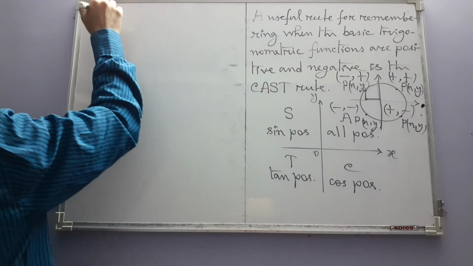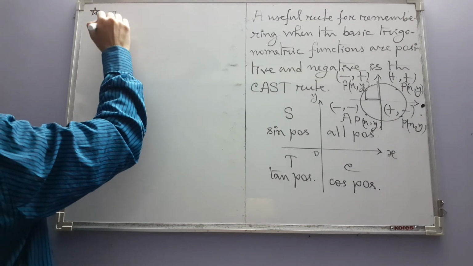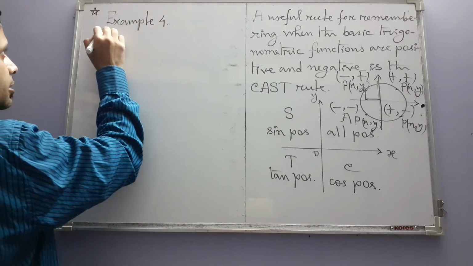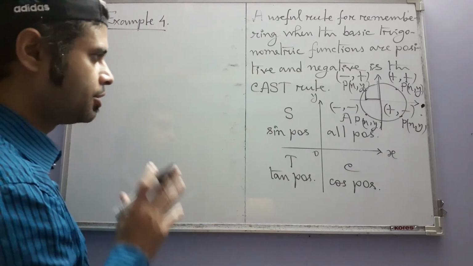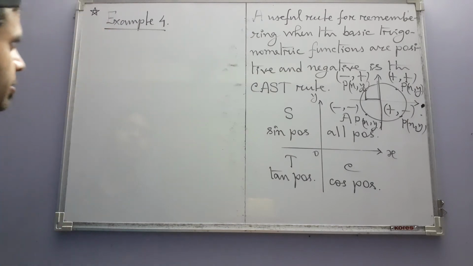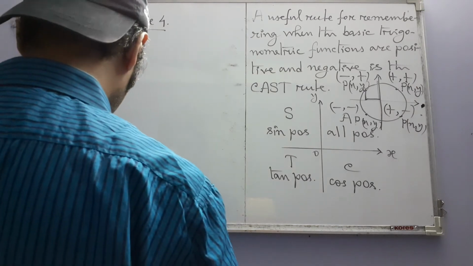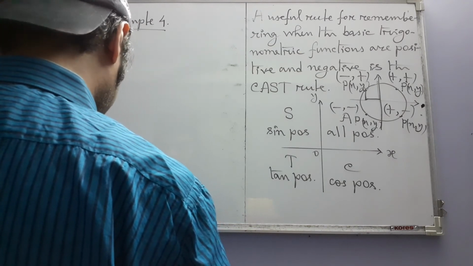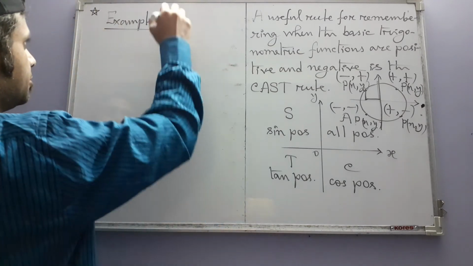So next, example 4. So we have calculated sine theta and cos theta for an obtuse value of theta. Now let us take a negative value of theta. Find the sine and cosine of minus pi by 4 radians.